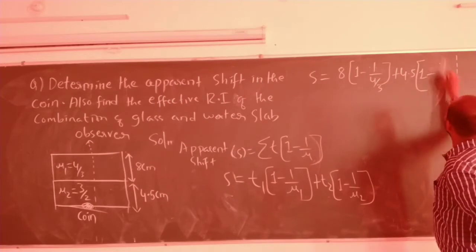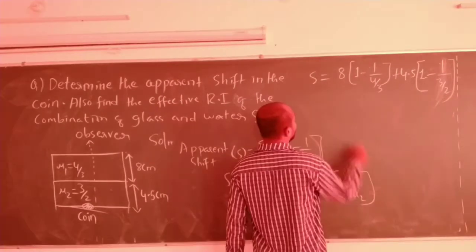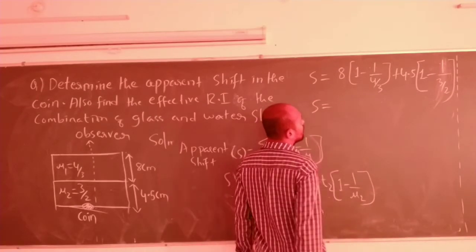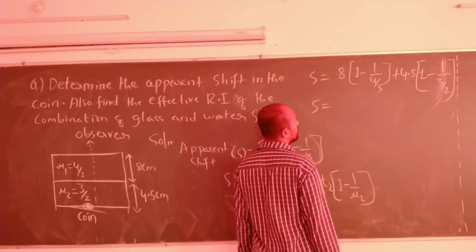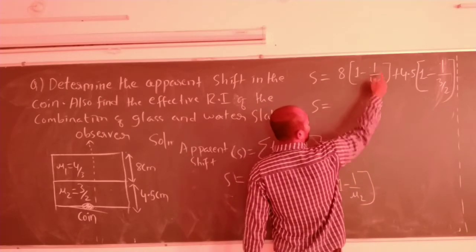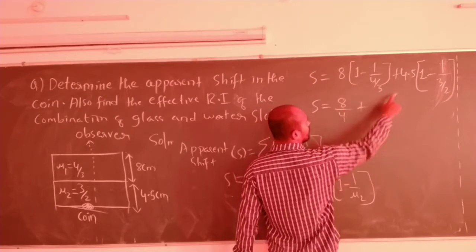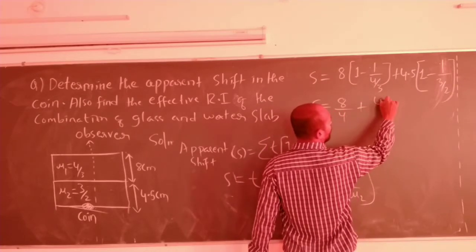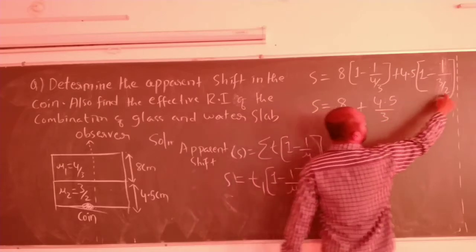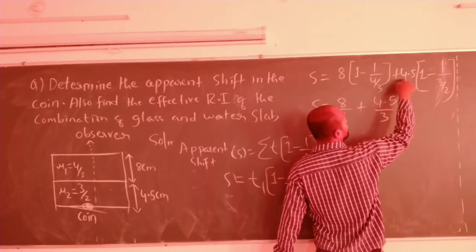Sorry, not 3 by 2, it is 1 divided by it. Solve. S is equal to what? 4 minus 3, this will become 8 by 4, plus this will become 4.5 by 2. 3 minus 2 is 1, so 1 divided by 3 into 4.5.